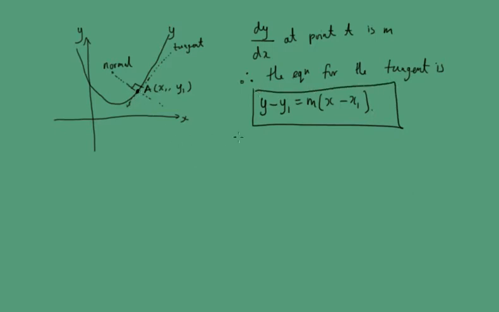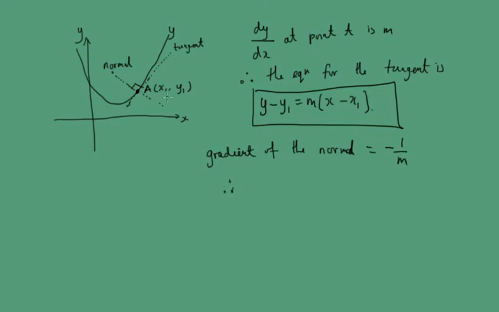Now, you'll also remember from previously, when you get two lines that are perpendicular to each other, the gradients, when multiplied together, make minus 1. So the gradient of the normal must equal minus 1 over m.